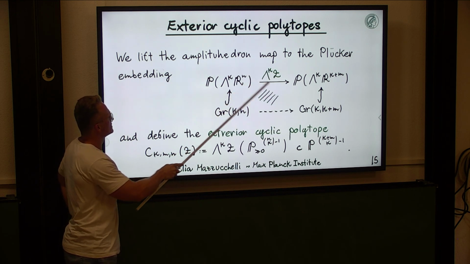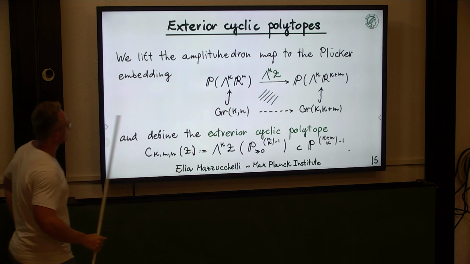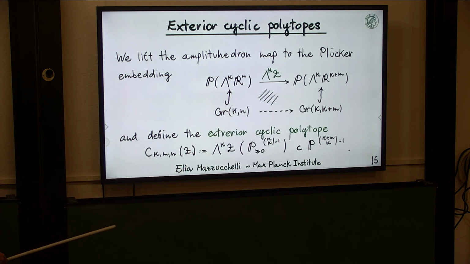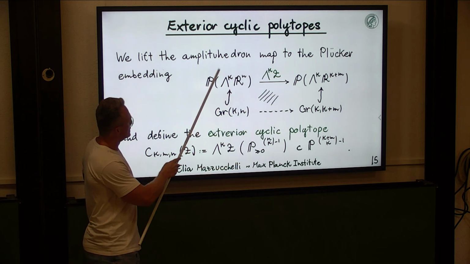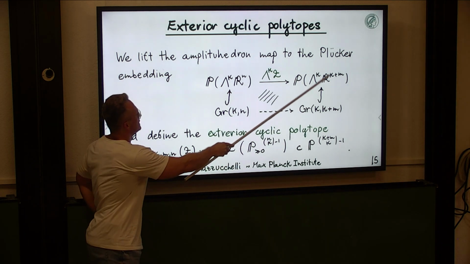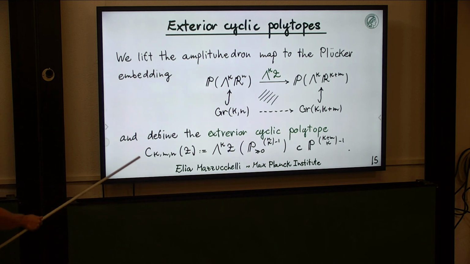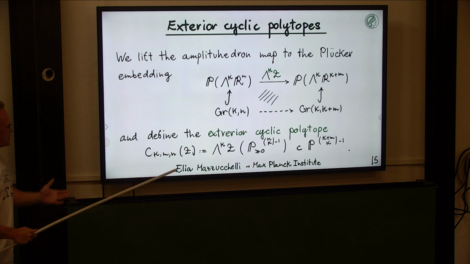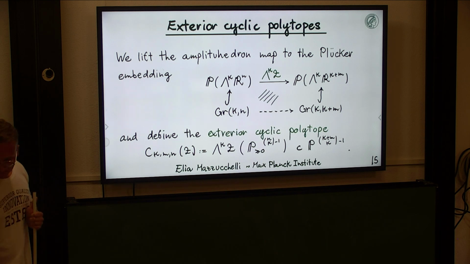This map is just a linear map given by the exterior power of Z. And we define the exterior cyclic polytope as the image of the non-negative orthant. So this is a convex polytope in this projective space. We call it the exterior cyclic polytope, and it depends on three parameters, as the amplituhedron does, and in particular, as for the amplituhedron, it depends explicitly on the positive matrix Z.